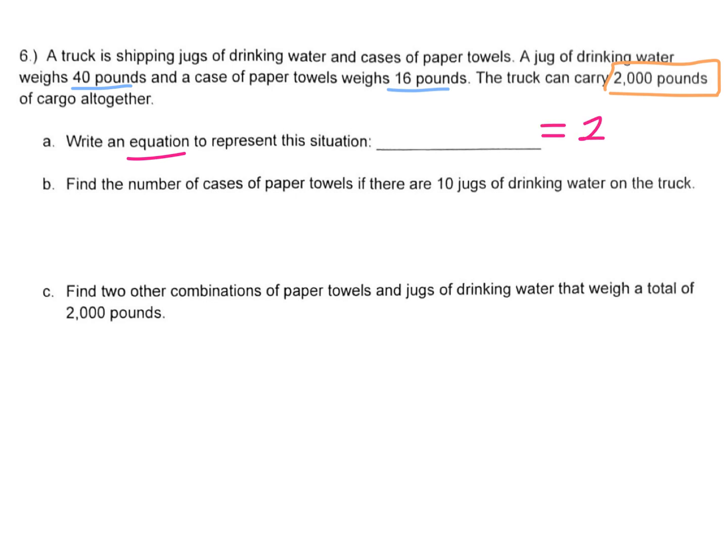Okay, so we know the total that a truck can carry is 2,000 pounds. So let's figure out what our variables could be first. How about we use X and Y? We'll use X for the water, the jugs of water, and we can use Y for the paper towels.